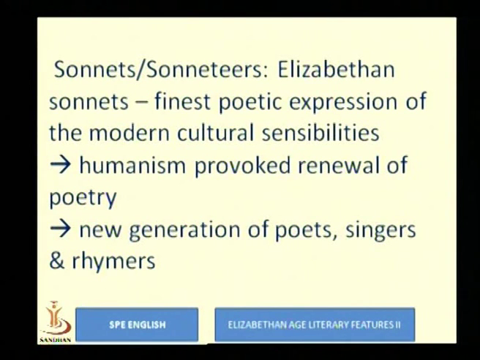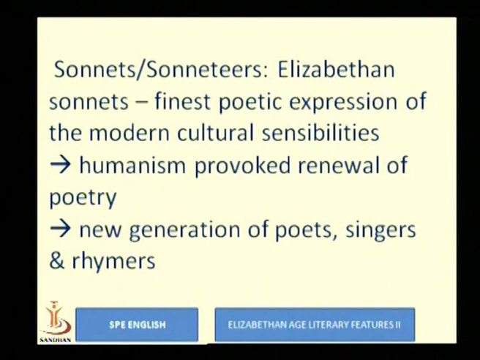Now when we look at the poetry, you will find that the sonnet as a form came into existence and developed. Not only did it come into existence, it was developed. It came into England for the first time during the Elizabethan age, and therefore we call them the Elizabethan sonnets. It is one of the finest poetic expressions of the modern cultural sensibilities. This was a direct influence of humanism, which provoked the renewal of poetry as a literary form.